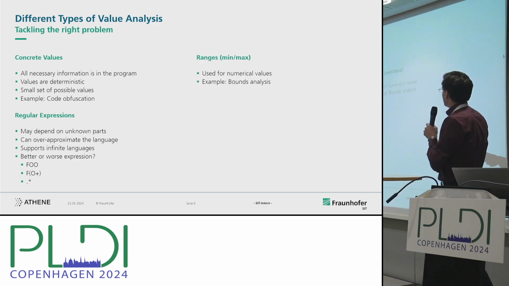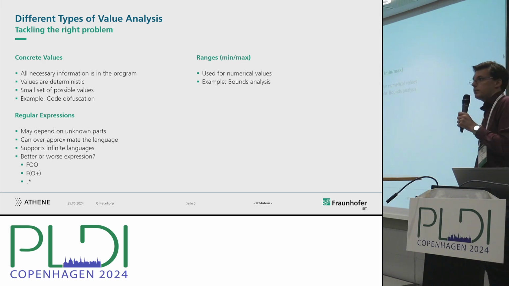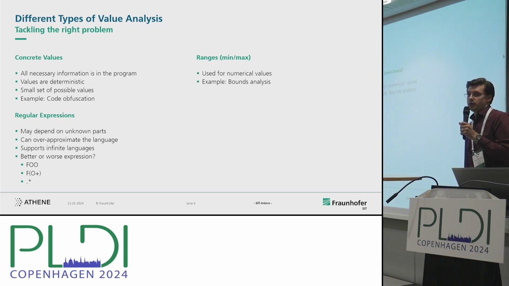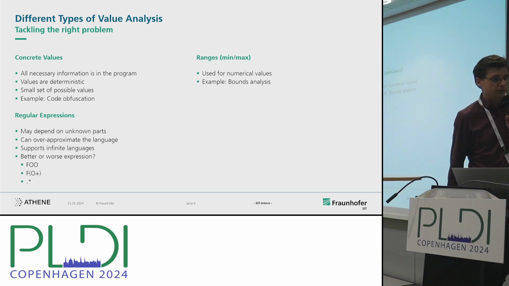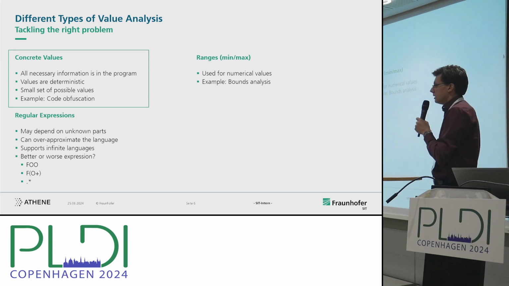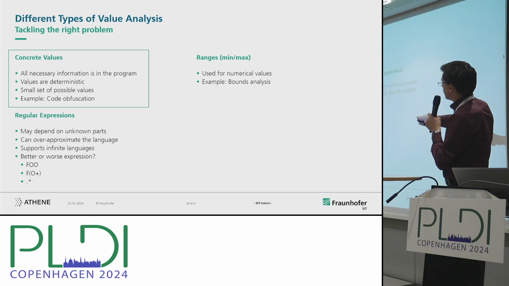And then there is range analysis that people also use, where they say, okay, we're talking about an array or maybe memory. I know where it starts, I know where it ends, or I know where it starts and how long it is. This is also what you could ask a value analysis. Then you don't want the contents of the memory, you just want to know the ranges. And in this work, what we're talking about is concrete values.